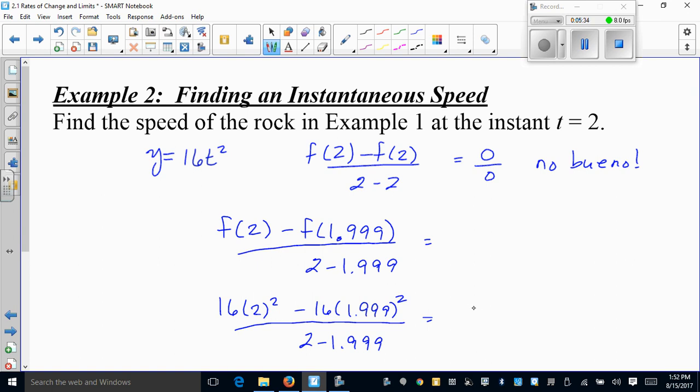So 2 squared is 4, 16 times 4 is 64. And if we do 16 times 1.999 squared, we get 63.936016. And 2 minus 1.999 gives us 0.001.